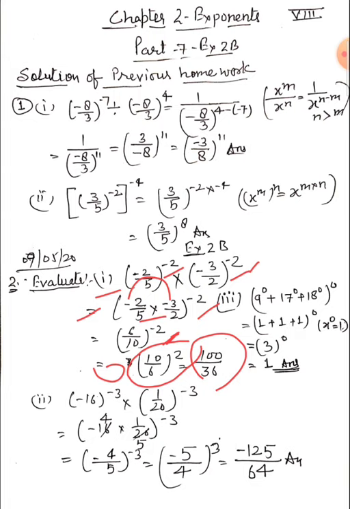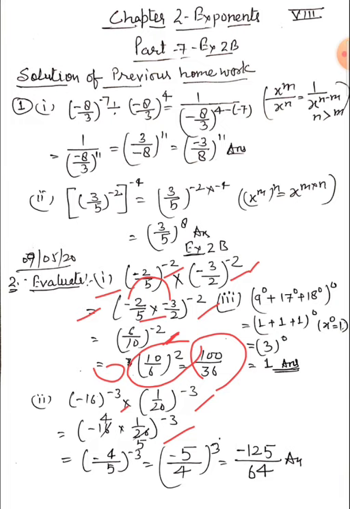Now second is (minus 16) raised to the power minus 3 multiplied by (1 upon 20) raised to power minus 3. In this question the powers are also the same, so we can easily solve it. How can we solve? Multiply both numbers and write minus 3 as a common power of both.